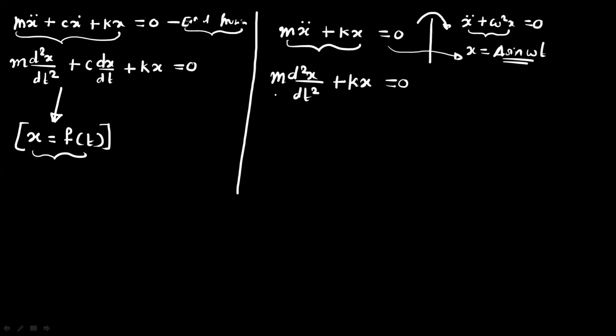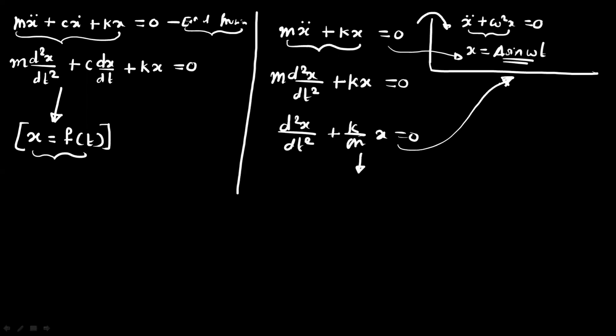Just take this term m in the denominator, so we will get the equation d square x upon dt square plus k by m into x equal to 0. Now we want to find or extract the value of x, which will be in the format of either a sine function or a cosine function. So how do we find this value from such a differential equation?